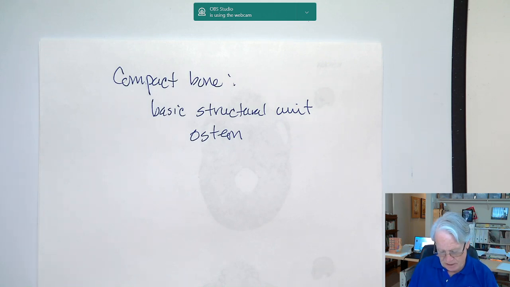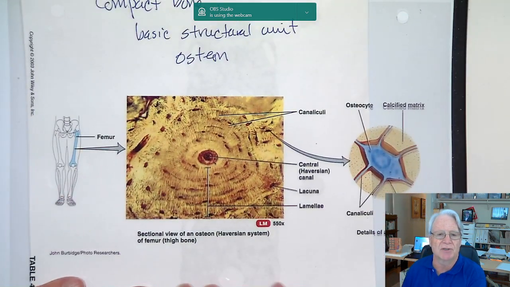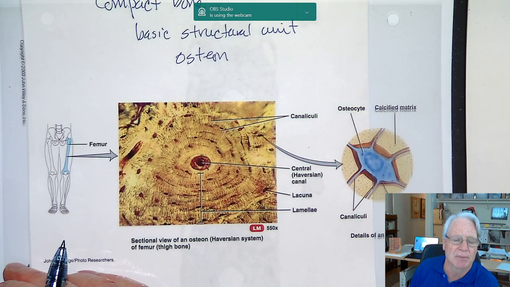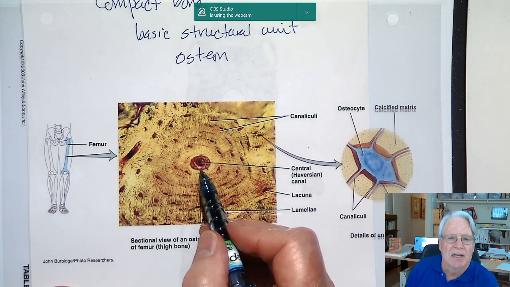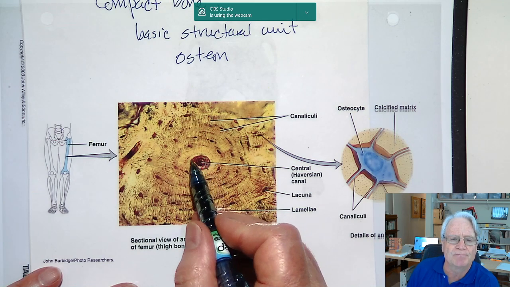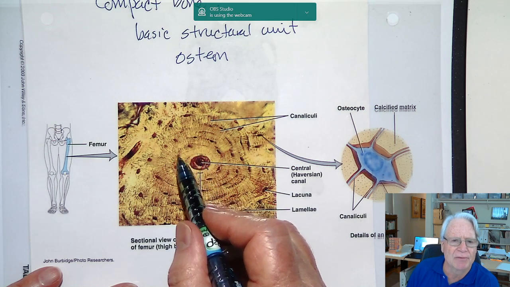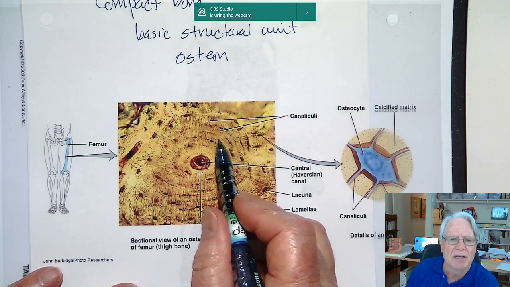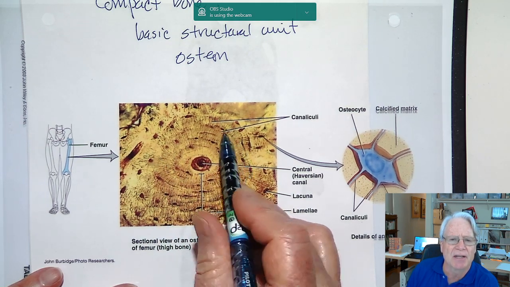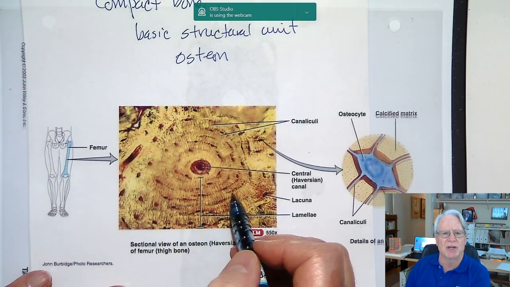So let's go ahead and bring that image up. This is the basic structure I talked about: the basic structural unit of compact bone is the osteon. In the center is a structure called the central canal. And if you look closely, there's a pattern of concentric rings that form around that central canal. This might remind you a little bit of a bullseye type of construction.